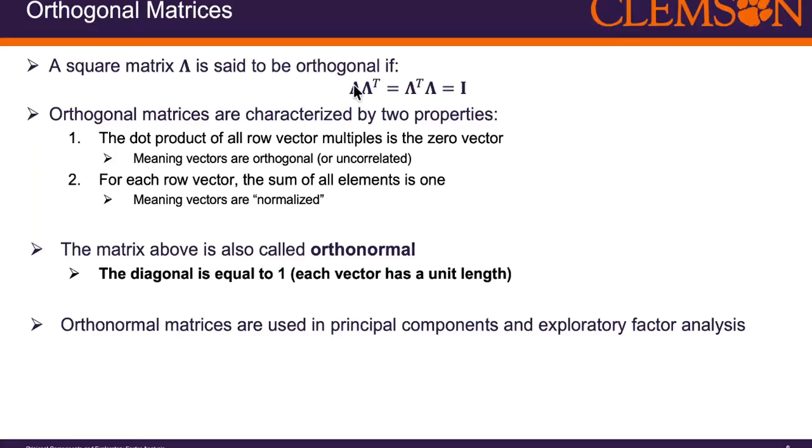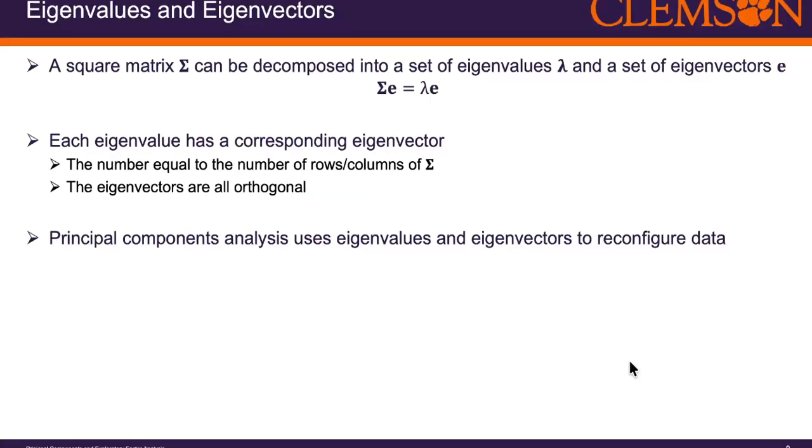So the matrix is not just orthogonal. Sometimes we call this orthonormal, meaning orthogonal and normalized. Orthogonal having 0 values in the off diagonal, normalized having the diagonal be equal to 1. Now, orthonormal matrices are used in principal components and factor analysis. We will see these very quickly as we get into what we do in principal components.